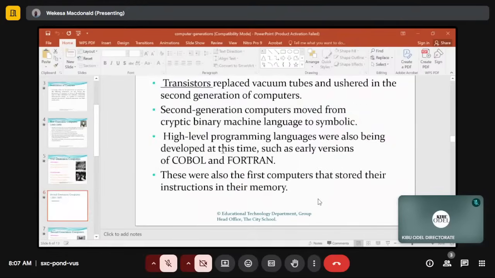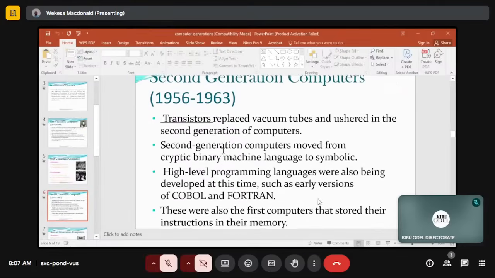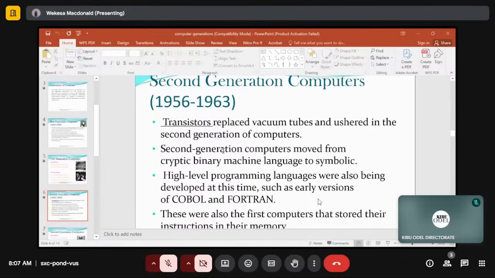Then let us move to the second generation of computers between 1956 and 1969. Now, the processing changed from the vacuum tubes. Now we had a transistor.